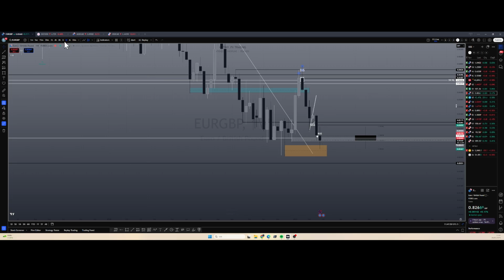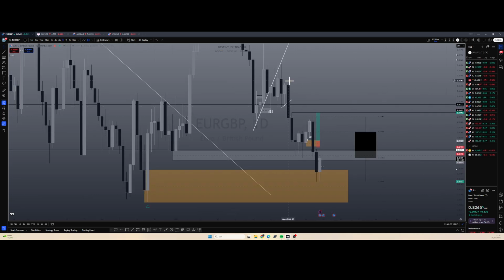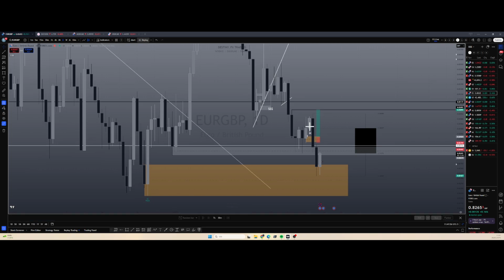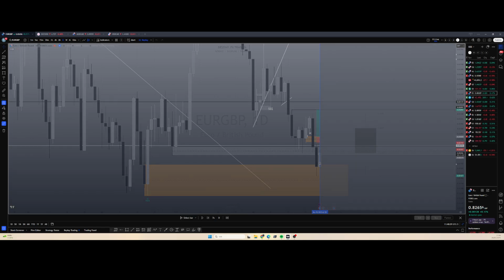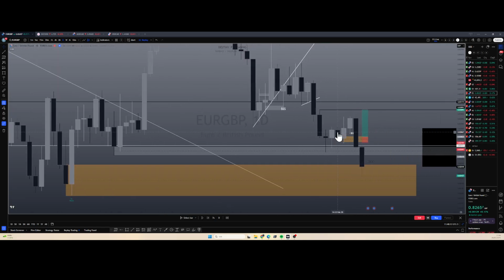So now on the daily we can see, before all of this, we have taken out some sell side liquidity.